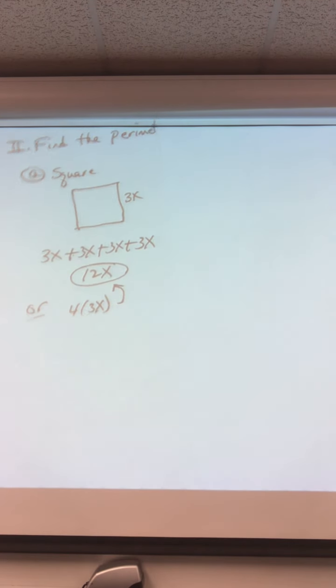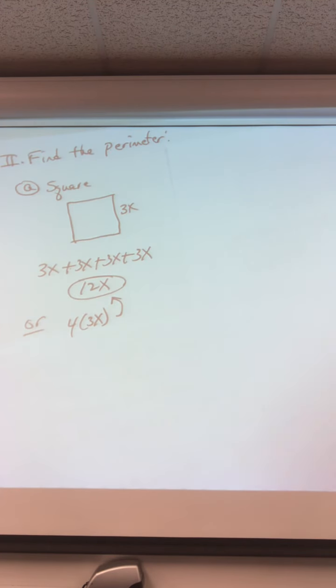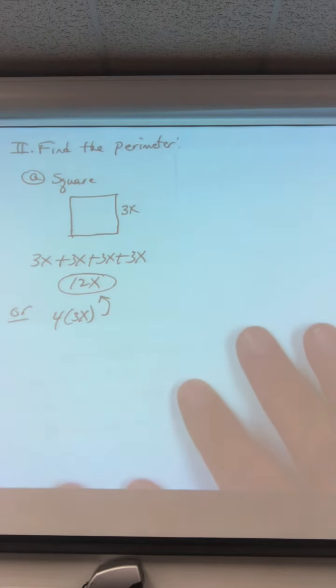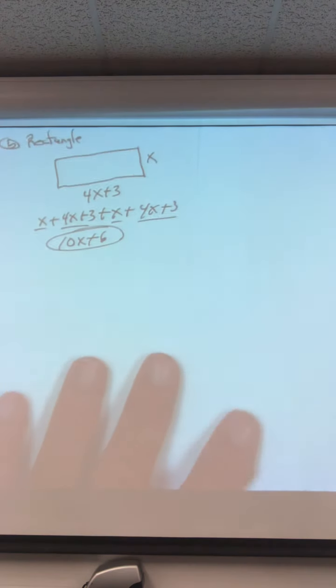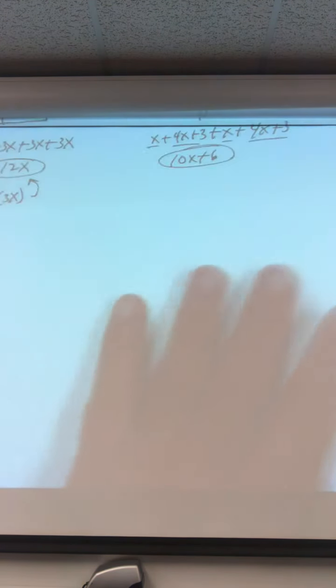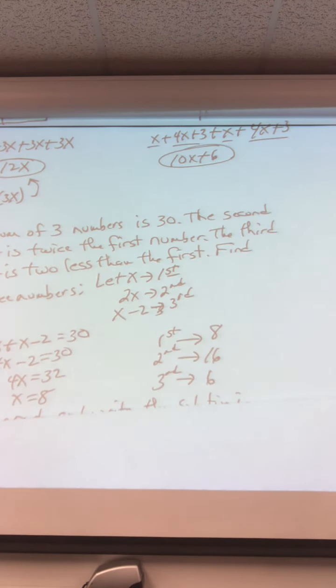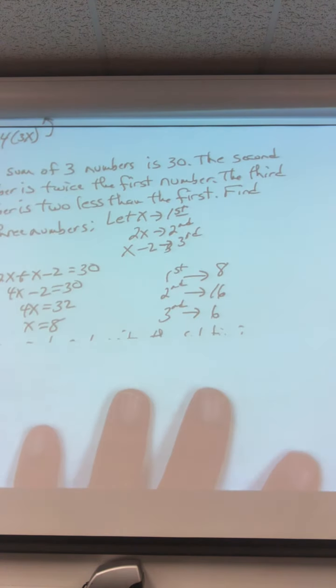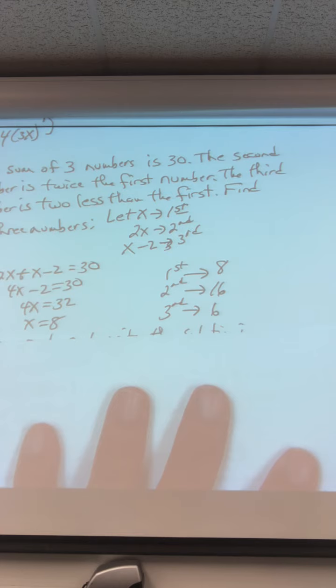Now the next one. Roman numeral number 2 is find the perimeter. Pause. The next one was a rectangle. Pause. The next one was a reading problem. Pause.